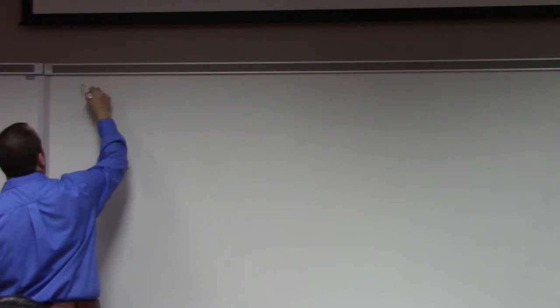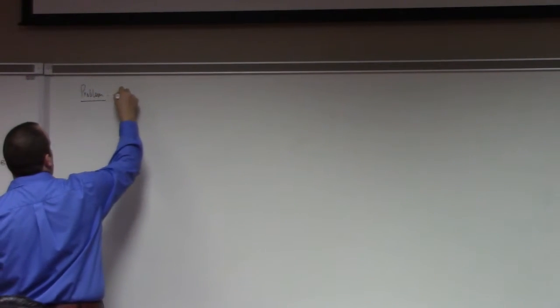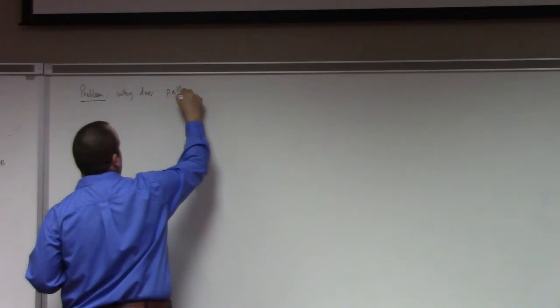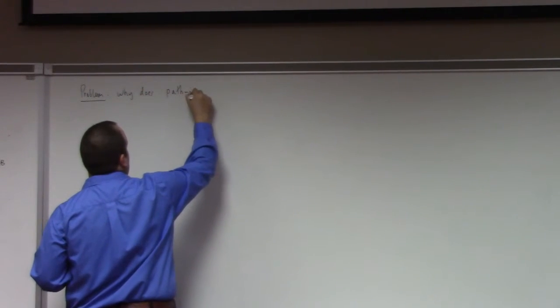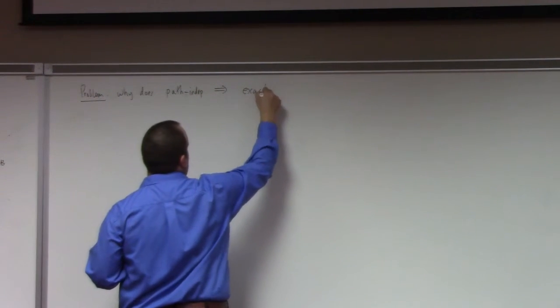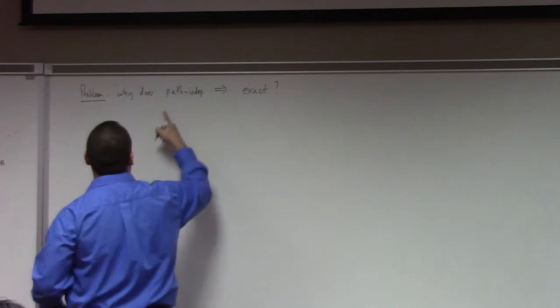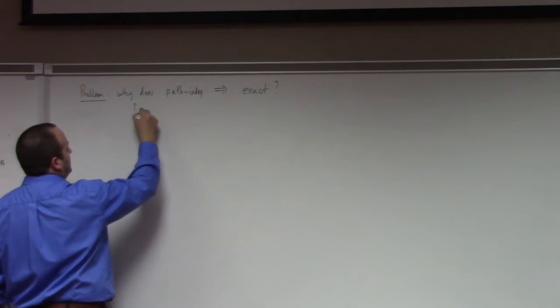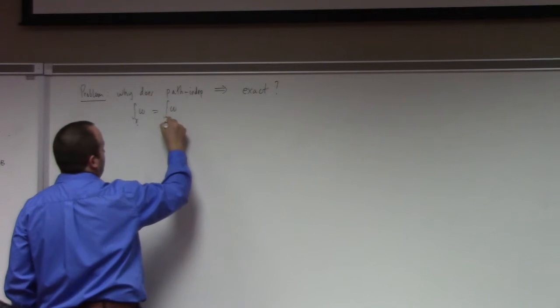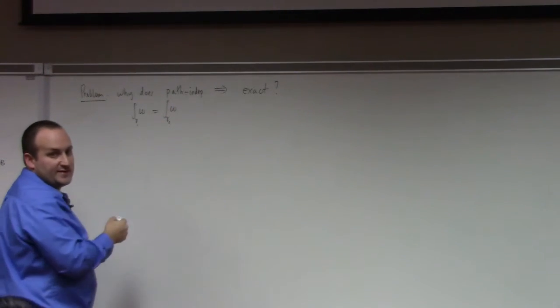Here's the current problem. Why does path independent imply exact? Path independent means that the integral of omega over gamma 1 is equal to the integral of omega over gamma 2 for all possible paths in some domain.